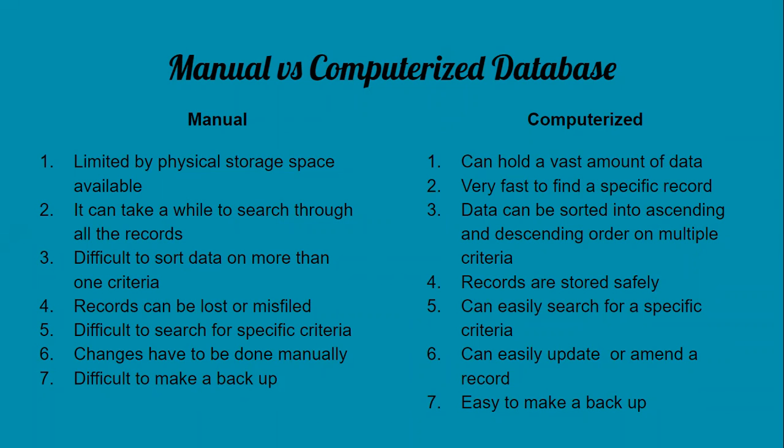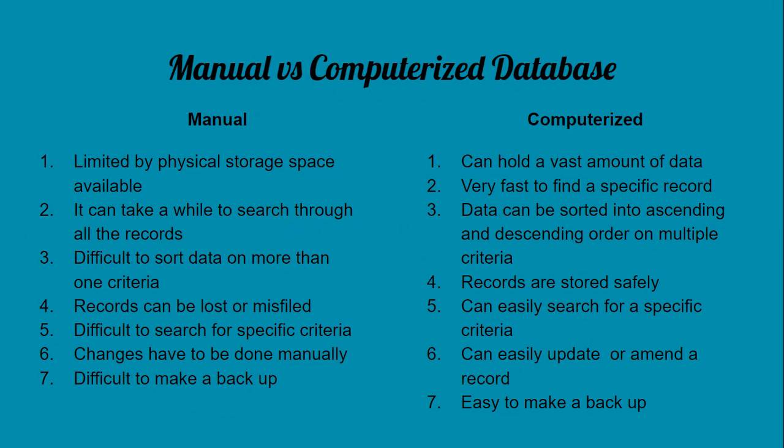It is difficult to search for specific criteria, as every record would have to be manually looked at. So if we wanted to pick out the names of the patients who reside in Kingston, we would have to go through every single file in the cabinet to pull out the ones who reside in Kingston.